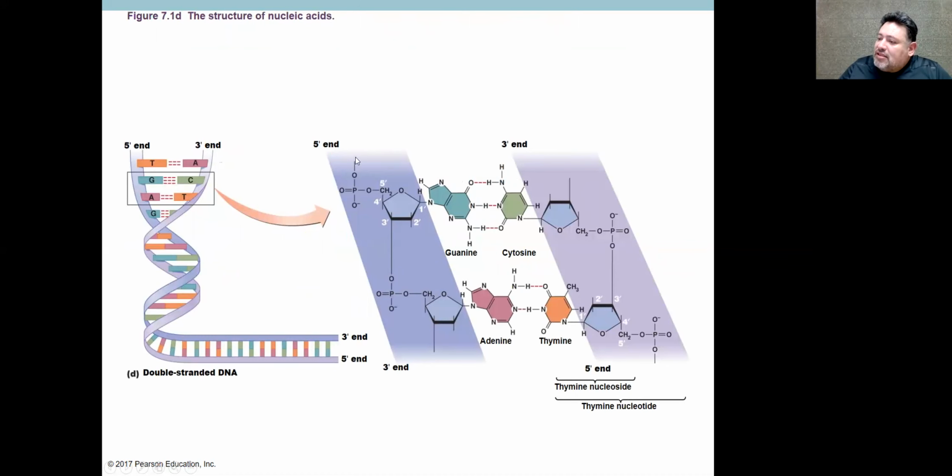Notice here. See how this is 5 prime and it goes down to 3 prime? And then you look at the other strand, the complementary strand, and that one goes from a 5 prime to a 3 prime in the opposite direction. This is why DNA is said to be anti-parallel, because one strand goes 5 prime to 3 prime in one direction, and the complementary strand goes 5 prime to 3 prime in the opposite direction.